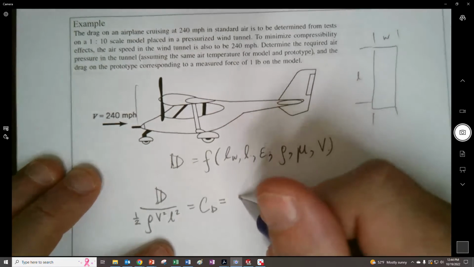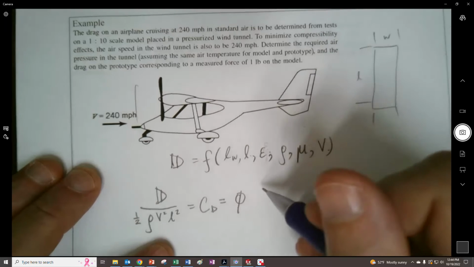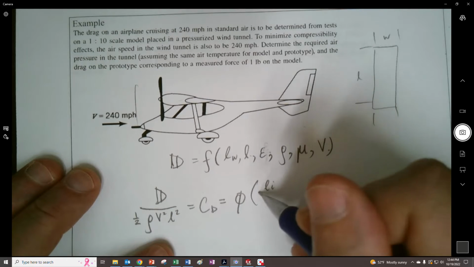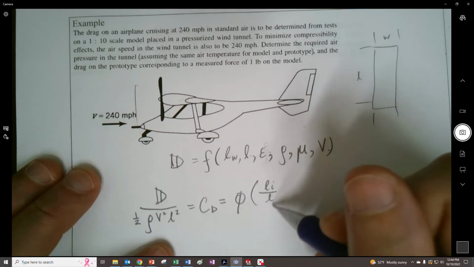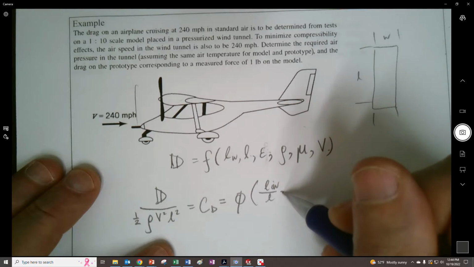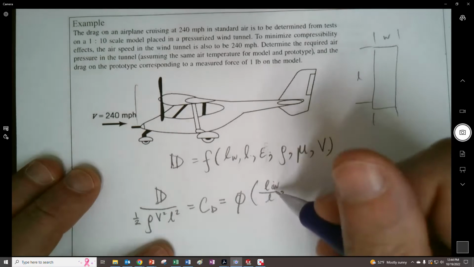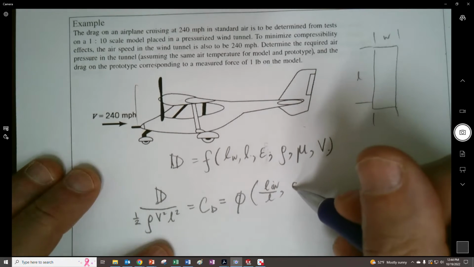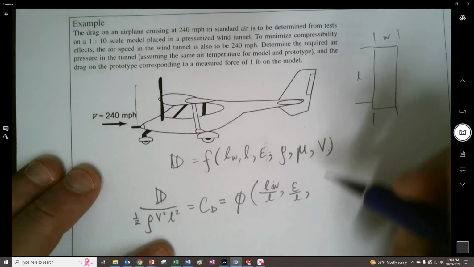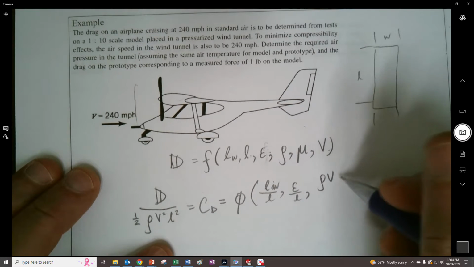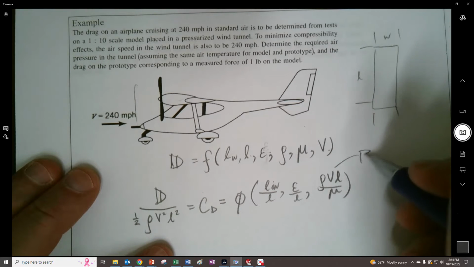That's how we define the drag coefficient. And we note that the other pi terms are this length ratio, the width right there, it doesn't matter, it's just the scale. And then also the roughness, and then the density, velocity, and length over viscosity, and we recognize that as Reynolds number.